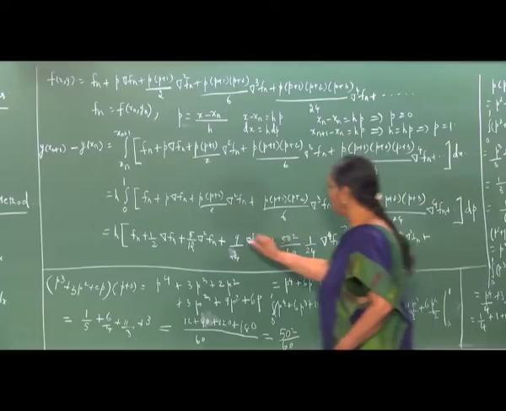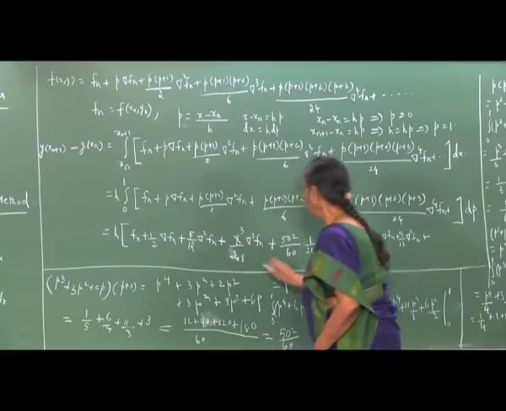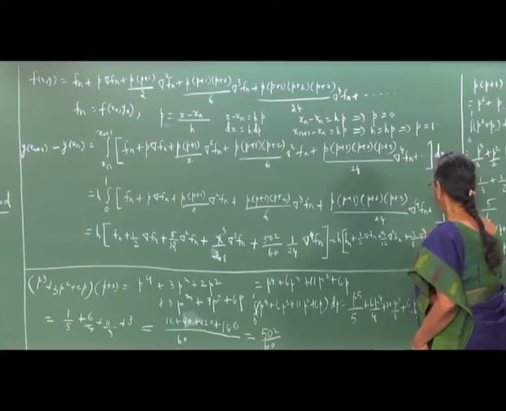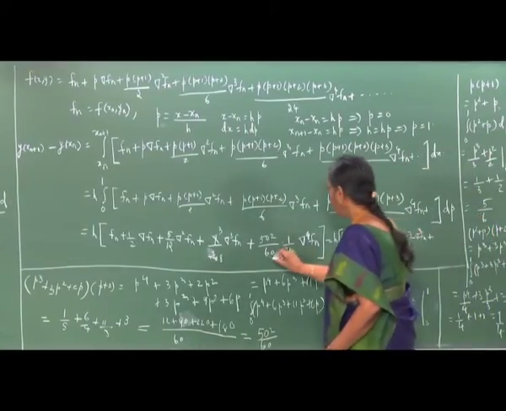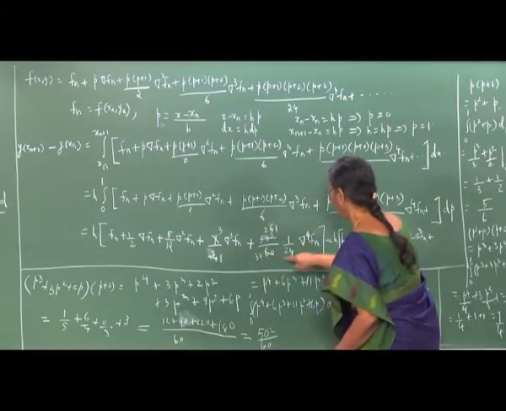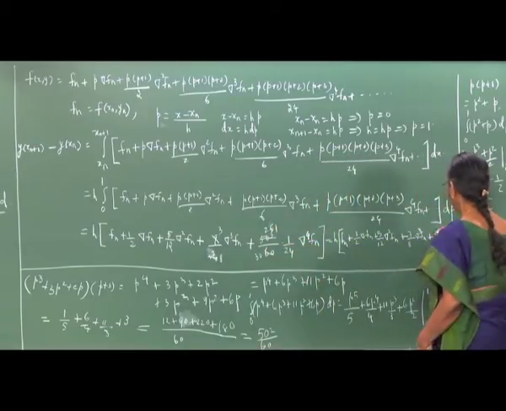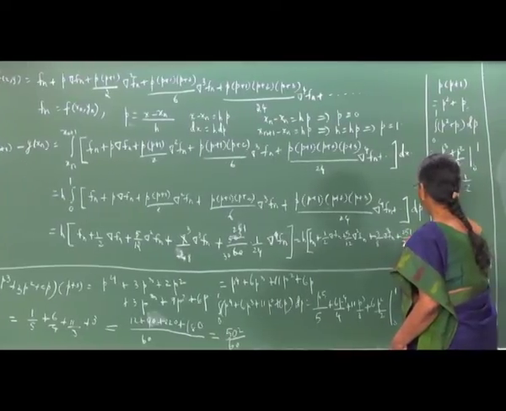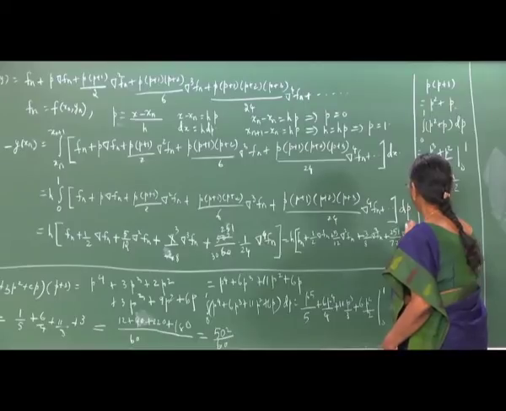Then the next term, 3 by 8 into del cubed Fn, plus this gives you 251 by 30 into 24, so that is 251 by 720 into del power 4 Fn.